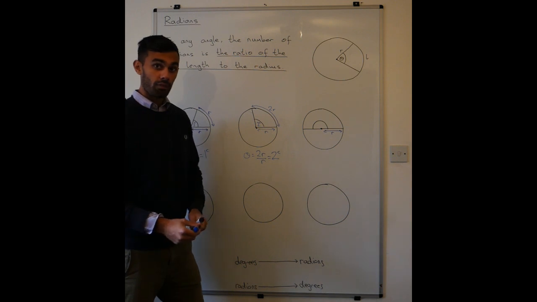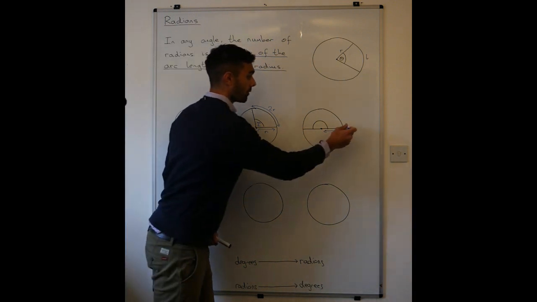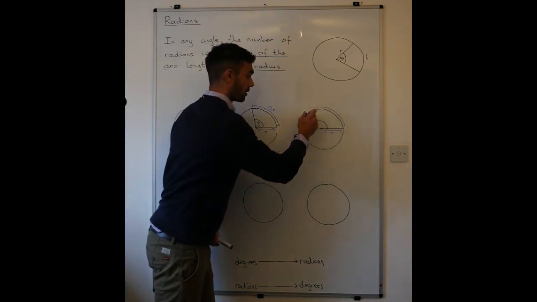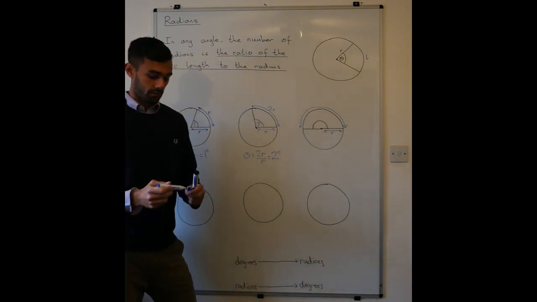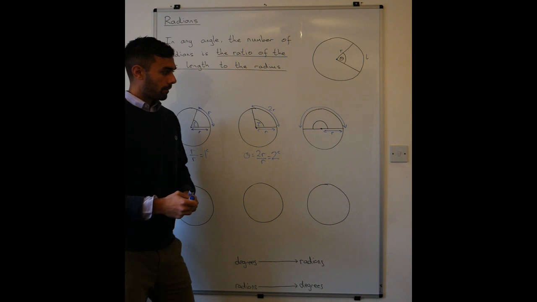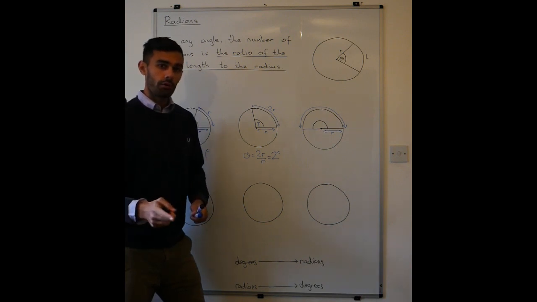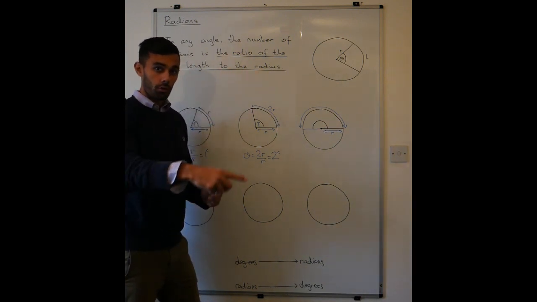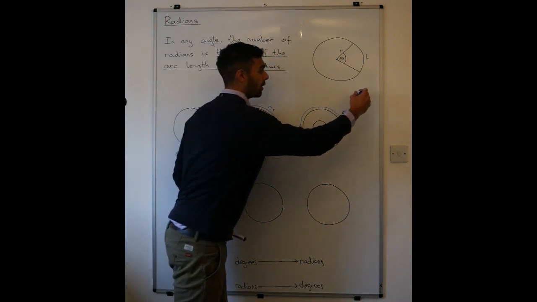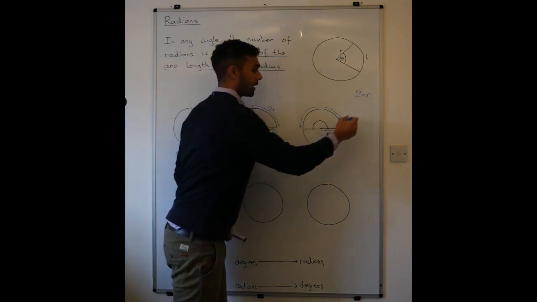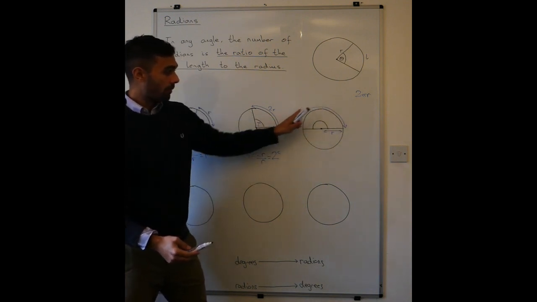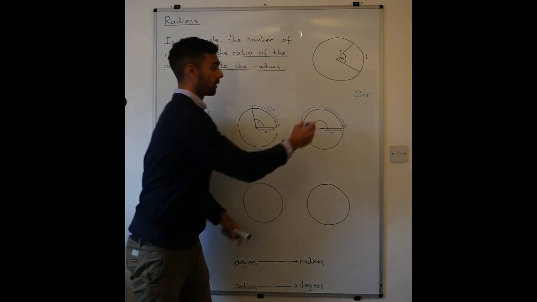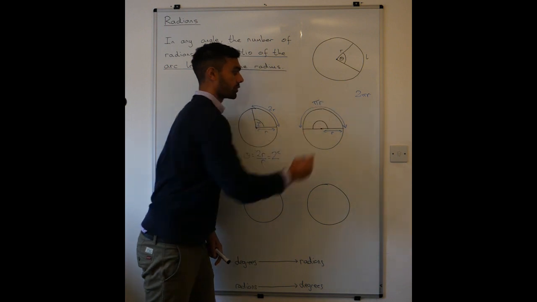Well, to know that, really we need the arc length. So we're looking for the length of that arc there. You should know that the circumference of the circle is 2 pi r. That's the distance around the whole thing. So if I want this arc length, which is half the circumference, it's just going to be pi r.